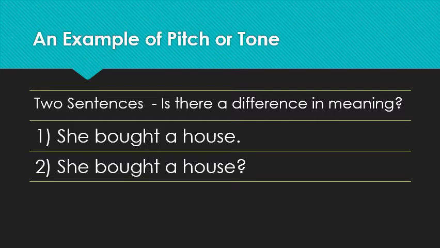The first one, she bought a house. The second one, she bought a house? Pause here and think about the difference in the meaning of the two. What are we trying to say when we say, she bought a house? Or, she bought a house?